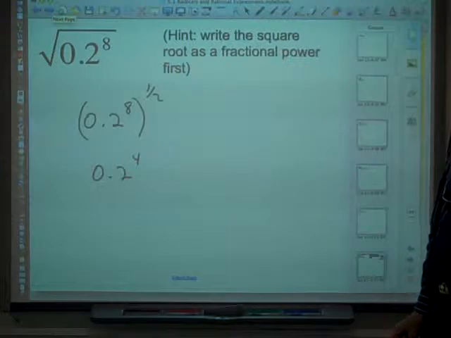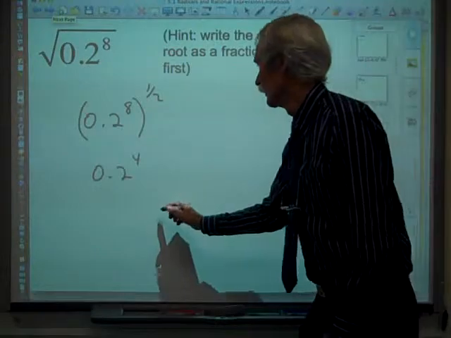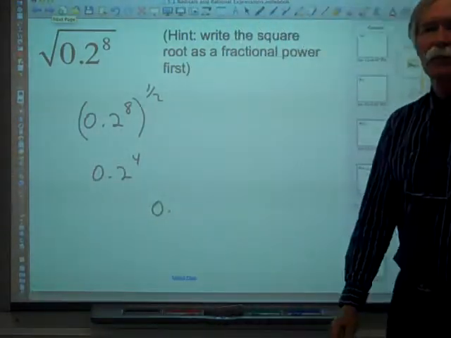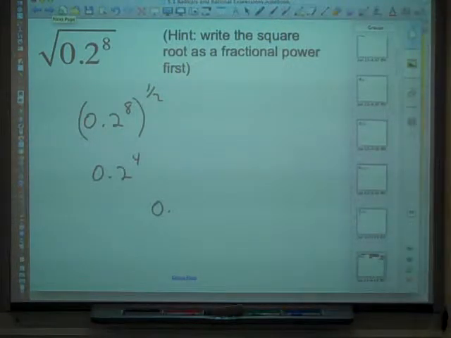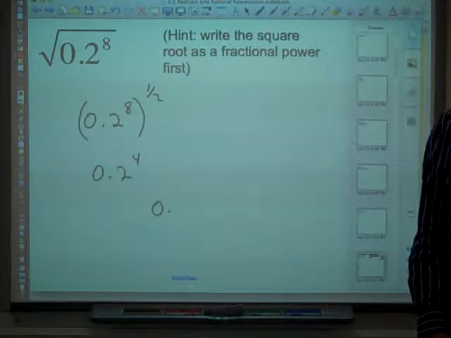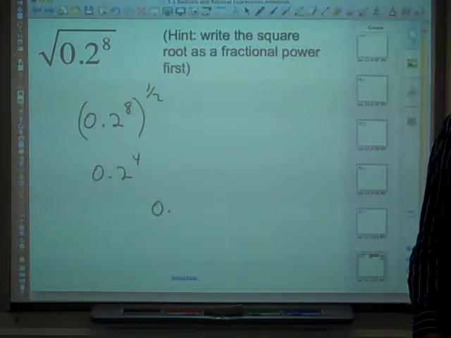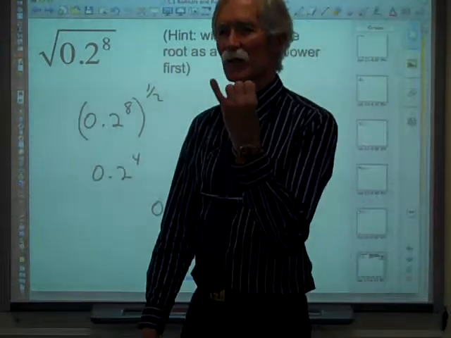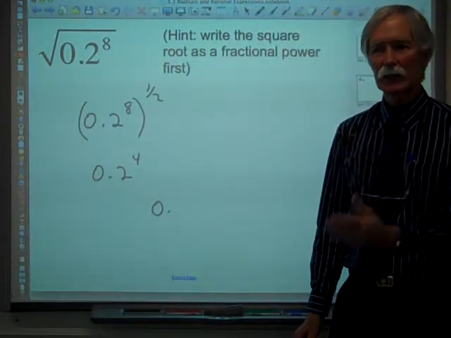What is 0.2 to the 4th power? What is 2 to the 4th power anyway? You're not done with this problem, sorry. 2 times 2 is 4. 4 times 2 more is 8. 8 times 2 more is 16.